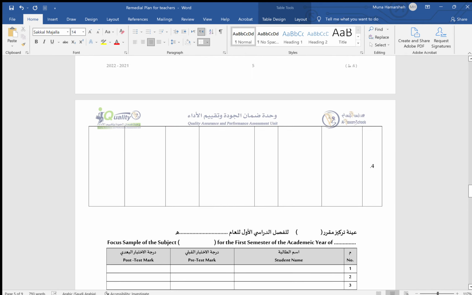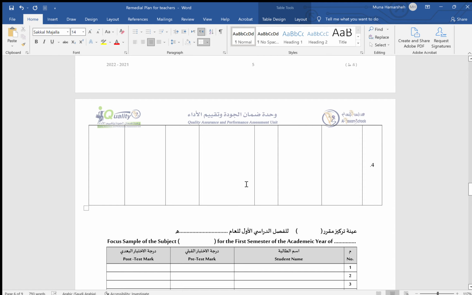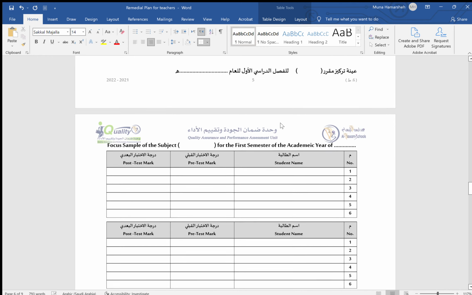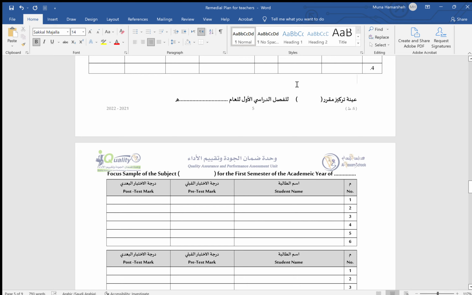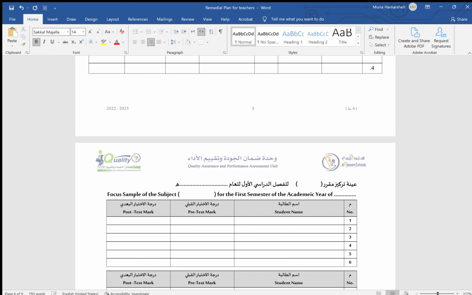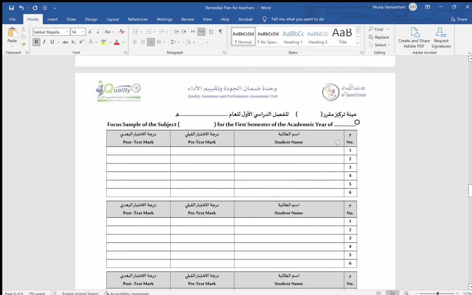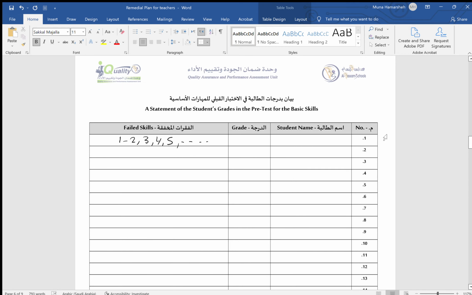Then, for this basic knowledge, the last page for the focus group is this one, which is called the focus sample. You will get the names of the students. You remember this page where we listed the names of the students with the skills they failed in. Let's say that I have 10 students.